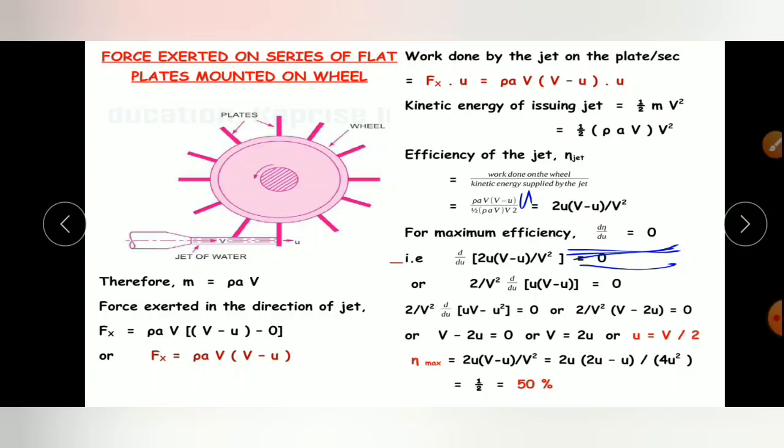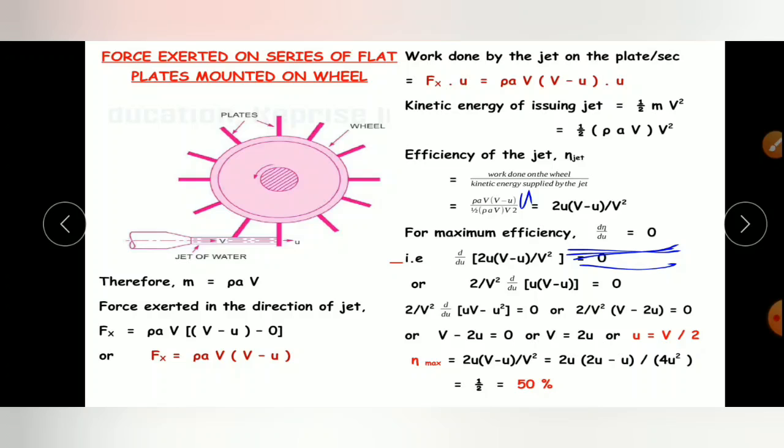Here 2 by V square, derivative of UV with respect to U equals V, and the derivative of U square with respect to U equals 2U, becomes 2 by V square into V minus 2U equals 0. 2 by V square is a constant term, therefore V minus 2U equals 0, or V equals 2U, or U equals V by 2. This is the condition for achieving maximum efficiency.